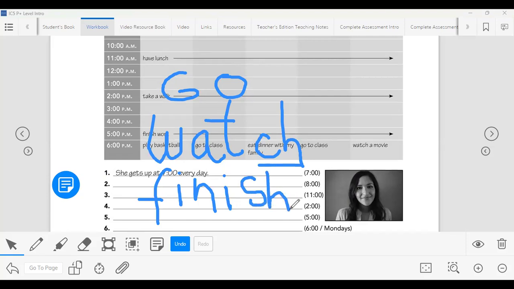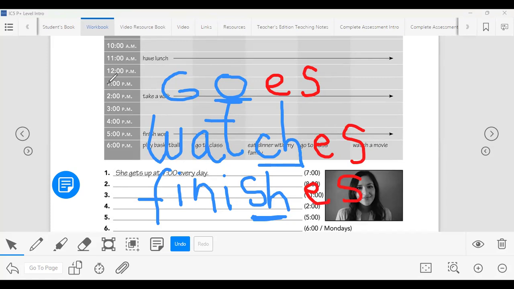So here we have basically most of the verbs in which ending we will add es. So what is the key?